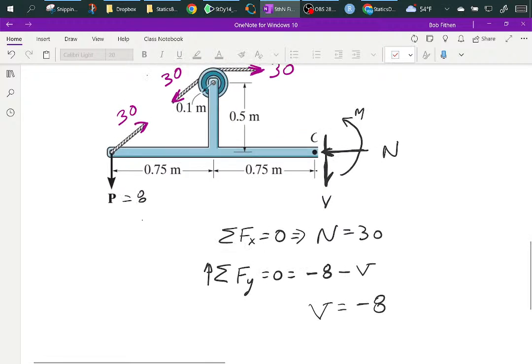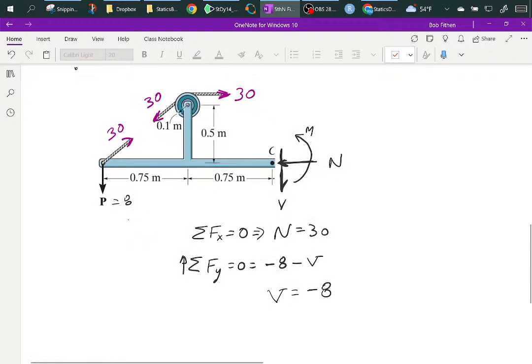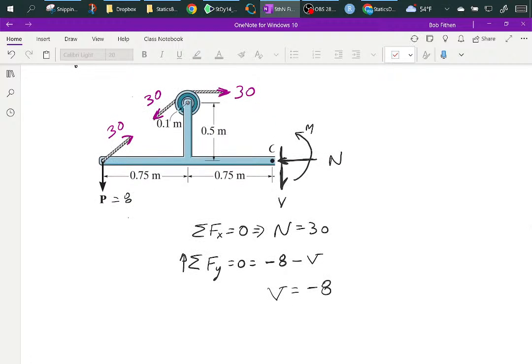Now, I'm reluctant to do this, and I don't really want to, but I'm going to do it anyway. Moment. I'm going to have to go through this. This is extra work. Some of the moments in all these cases about this, this is actually C. So I've got to break all this down.